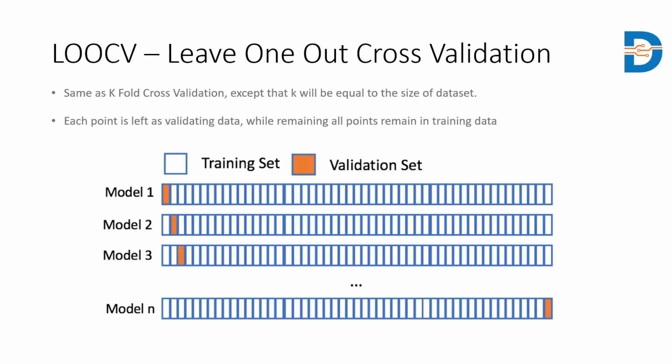In this method, if there are n data points, we will have to create n models. This is computationally expensive, so we use it only when we have enough computational resources and creating n models is not affecting our cost.